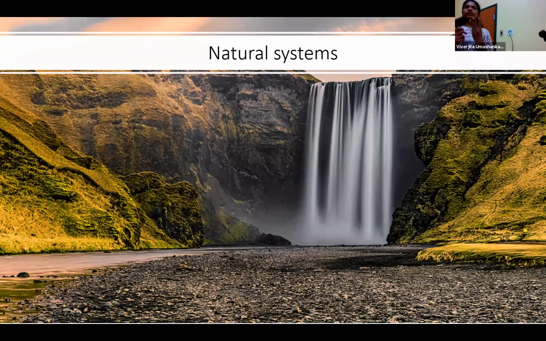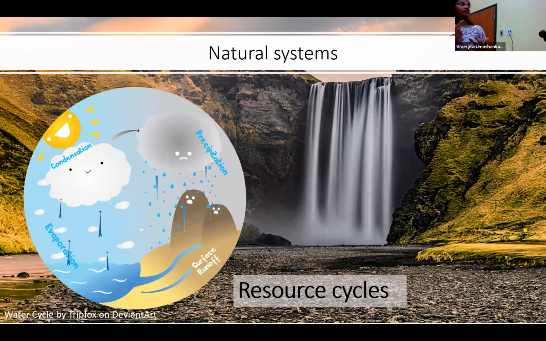And there are 3 principles from natural systems that we can learn to know how to really manage these resources instead of the linear fashion that we have been used to all this while. So the first principle is resource cycles. This is the familiar water cycle where water evaporates, condenses into clouds, precipitates back again, and then joins back a water body to complete the water cycle.